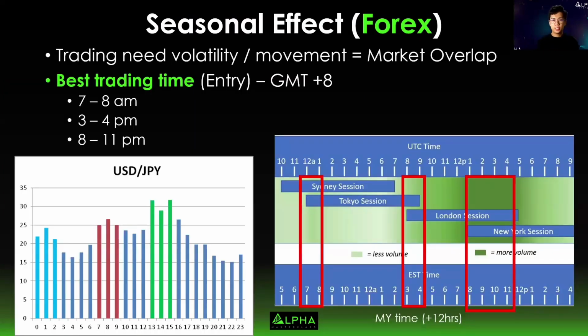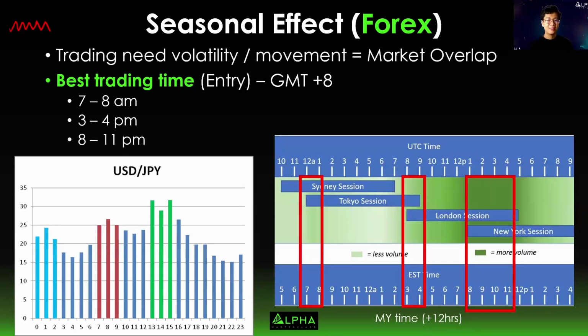In forex trading, the market has certain times that are best for trading, and that is why we call this the best trading time. Why do we need to focus on it? Yesterday when you were trading, did you notice that when the market is very slow, it's very hard to trade?